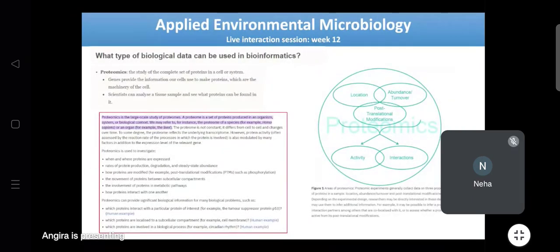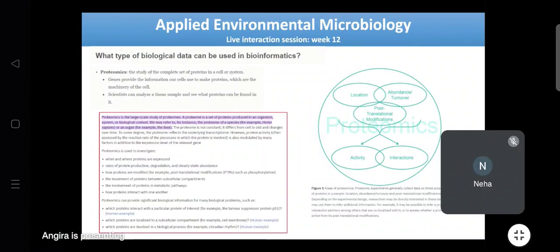Now let's get to know what other biological data can be used in bioinformatics. The second type of data that is used in bioinformatics is proteomics. It is the study of the complete set of proteins in a cell or system.